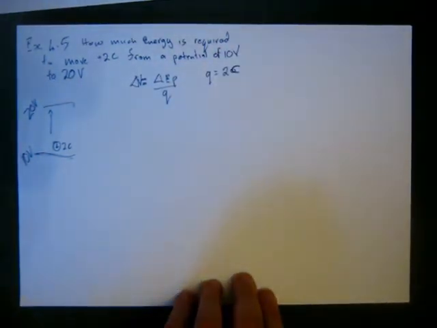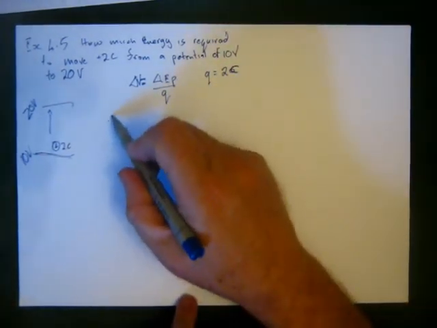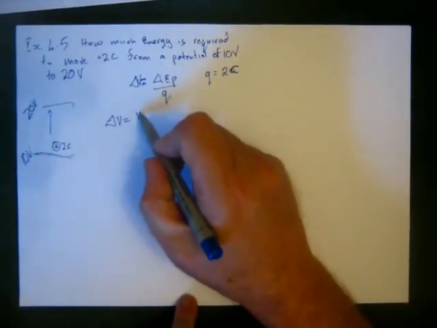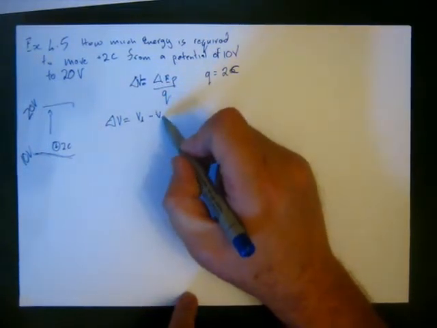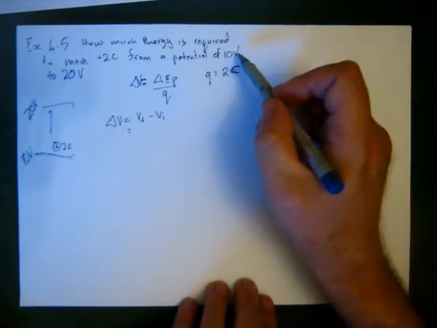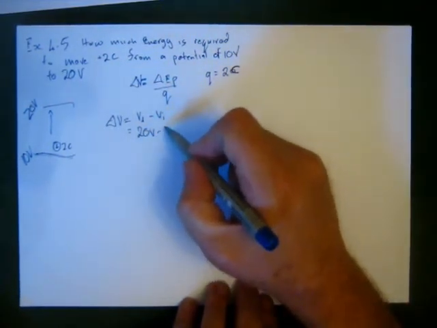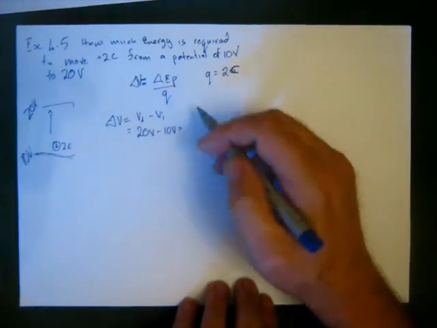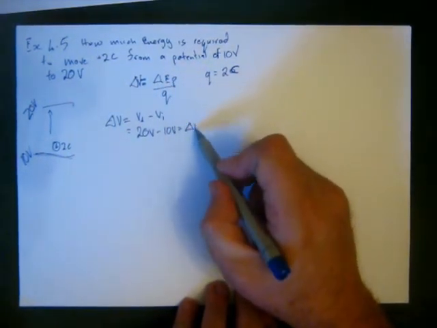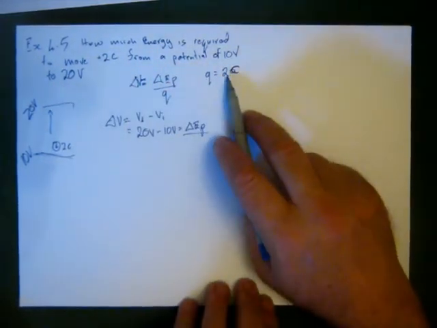The change in voltage is equal to the final voltage minus the initial voltage, which is 20 volts minus 10 volts, equal to change in EP over our charge.